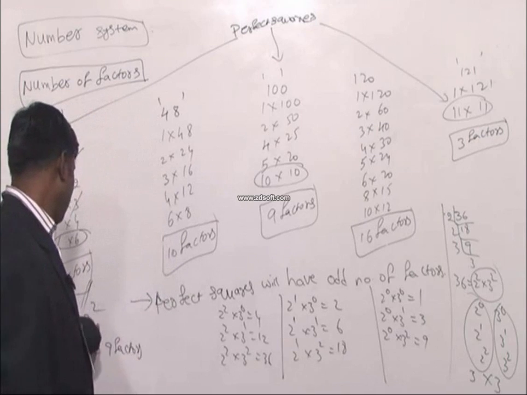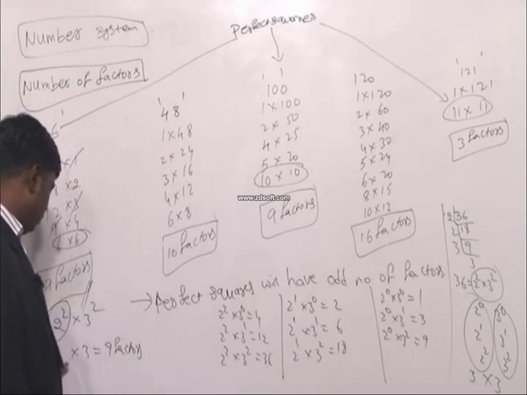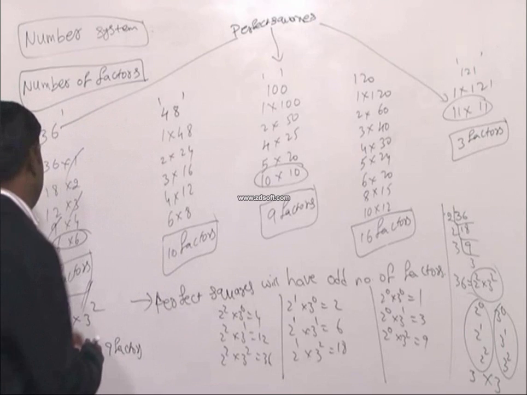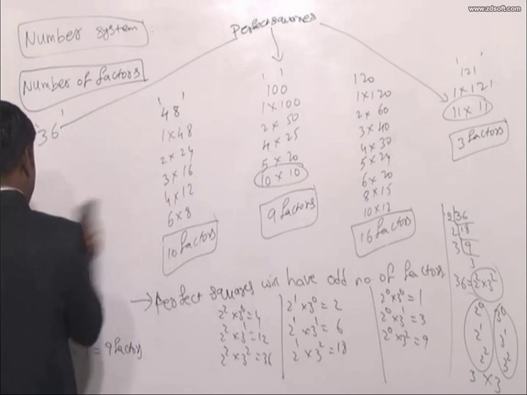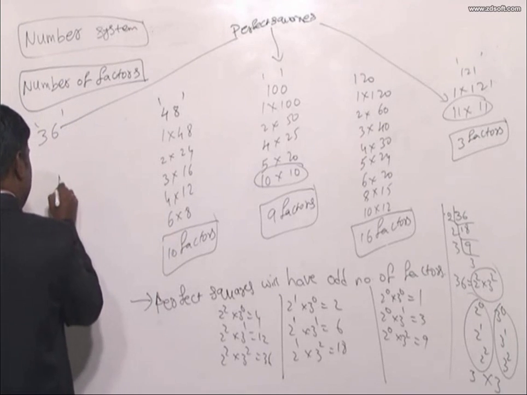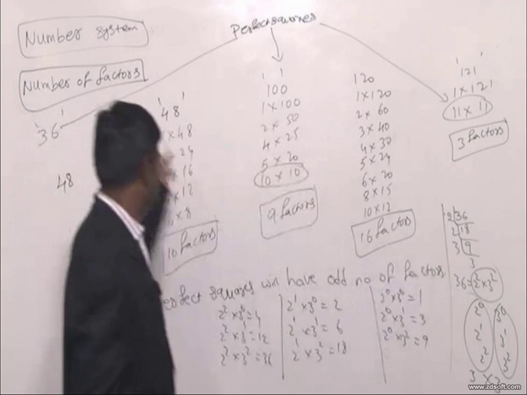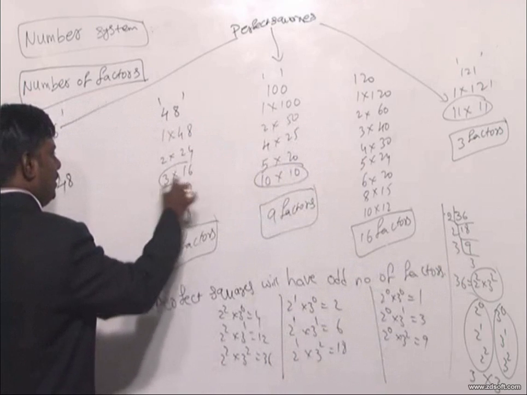So if you know the prime factorization, you can easily consider one more than the power. So let us consider 48 as well. Instead of doing like this, you can take any one of these, for example, 3 into 16.